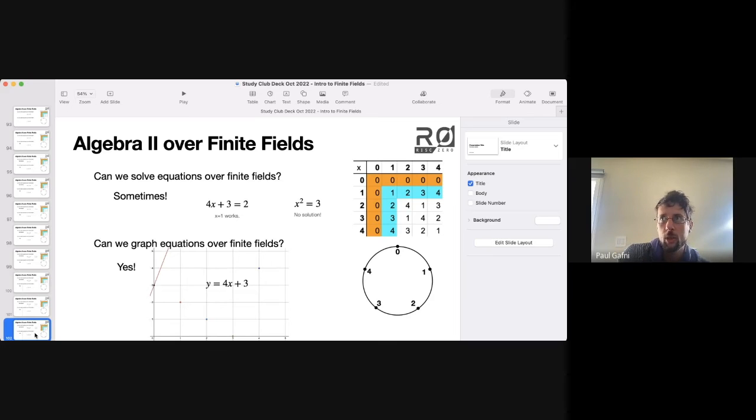And you can think about the graph on the finite field as just sort of wrapping around. Whenever we cross 5, you sort of imagine we're playing Pac-Man, and you come out on the other side of the board back at 0. So this blue part is just a continuation of that red line, but wrapped around. So we're sort of graphing on a cylinder, it seems. Here's the next few wraparounds.